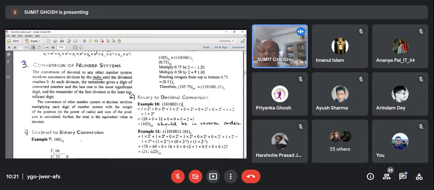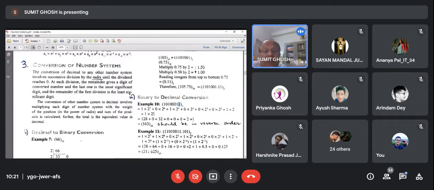It should be easier for you to write in reverse order, because you don't know where it will end. So the best is to start from the right. The rightmost bit is the least significant bit.